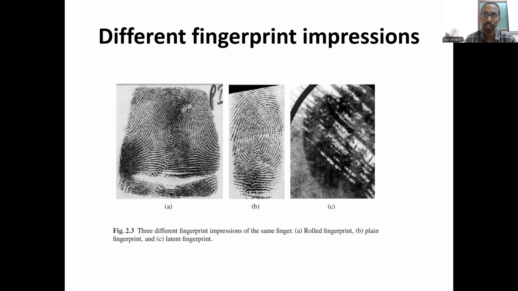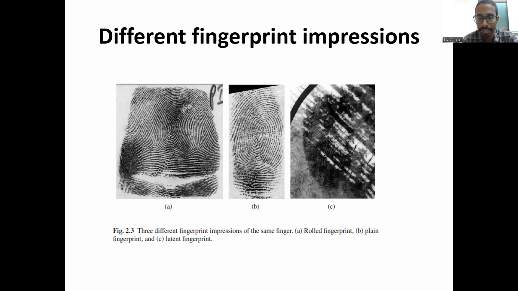If you're using it in an organization, automatically you will be using a sensor. Through your sensor, through the input, the biometric system captures your identity. So it is understood that this is known as the online fingerprint, and the online fingerprint is the plain fingerprint. The remaining two, A and C, the rolled fingerprint and the latent fingerprint, both come under offline.